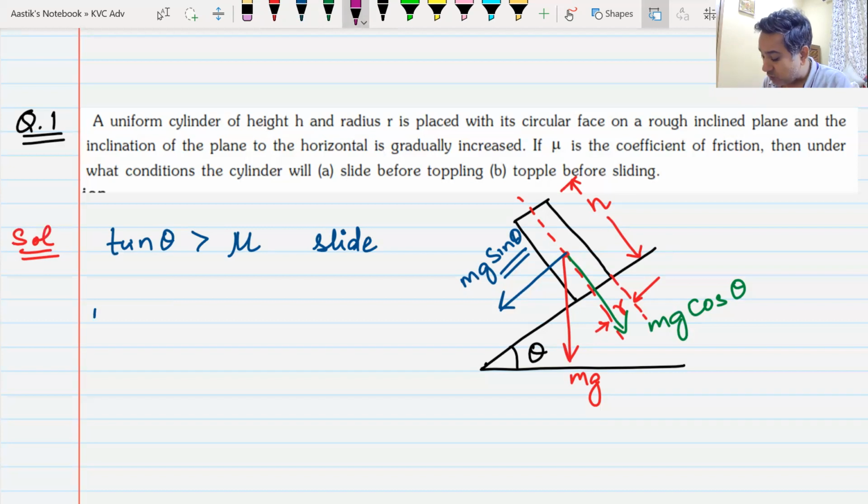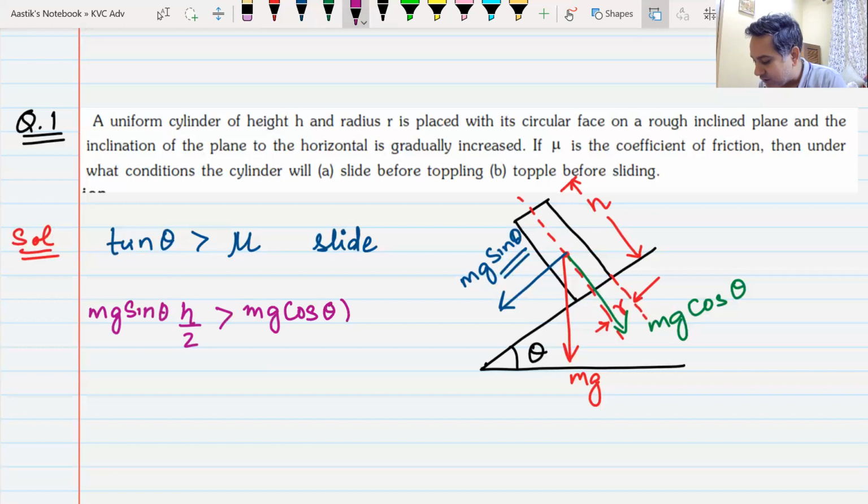Now, how do you find the condition of toppling? To find the condition of toppling, if this mg sine theta into h by 2, which is the thing which is trying to topple it, becomes greater than mg cos theta into r, it will topple, yes or no? Yes, sir.